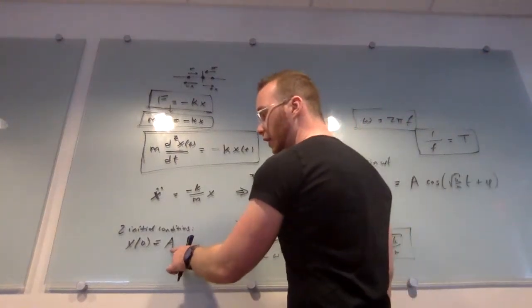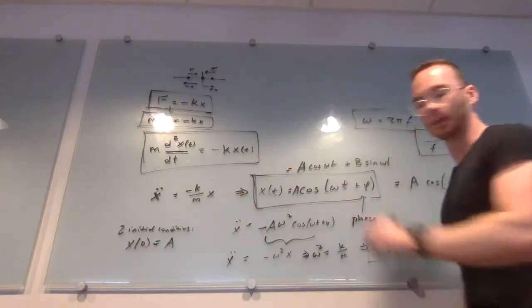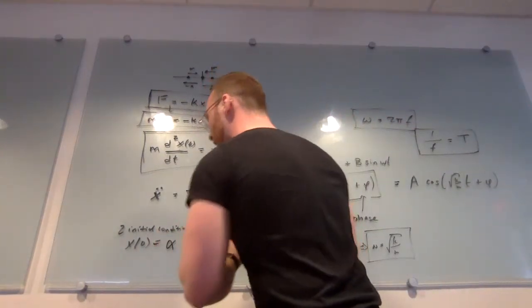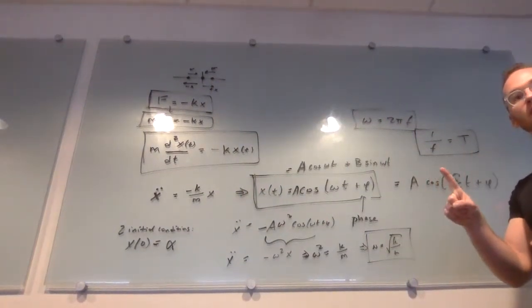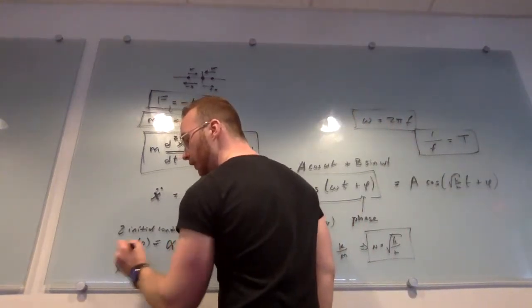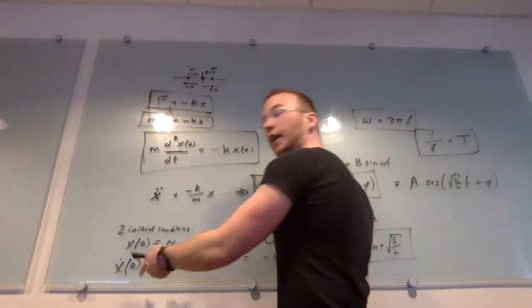This is literally going to be the amplitude. Actually, that's not true; this might not be the amplitude. That's why I shouldn't say this. Okay, now I remember. I'll say alpha. It is not necessarily the amplitude. If I give you the second initial condition, x dot of 0 is, and x dot is of course the velocity.